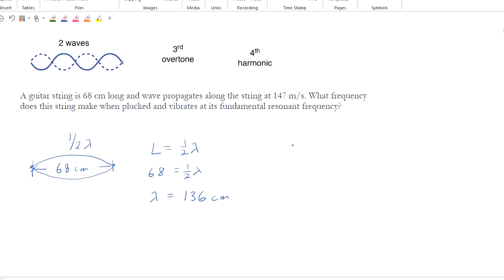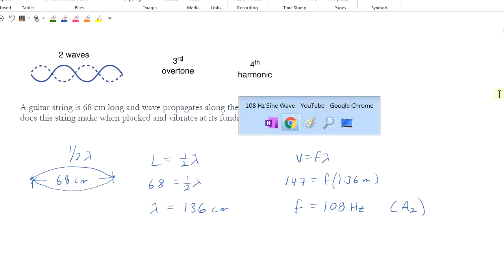Now, from the universal wave equation, v equals f lambda, given that the velocity is 147 and lambda is 1.36 meters. Careful, I just changed to meters just like that. You can figure out the frequency of this note is 108 hertz, which happens to be A2, if that's interesting to you. And if you're curious what that sounds like, here it is.